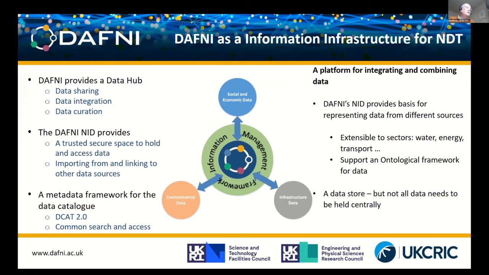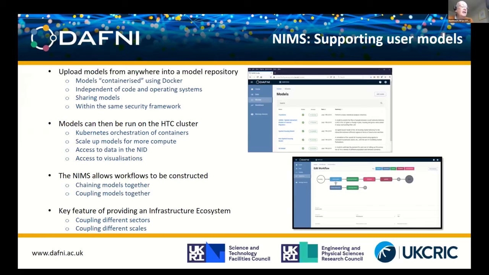And then we have the counterpart for modelling, the NIMS, the National Infrastructure Modelling Service, to support user models. The idea is we can upload models from more or less anywhere into our systems and into our model repository. To do this, we use what's known as containerization, using quite a well-known piece of software called Docker.